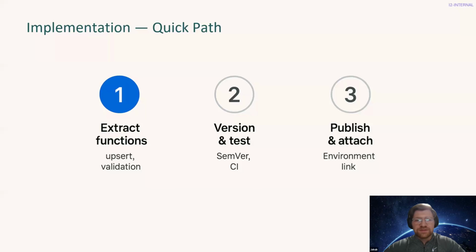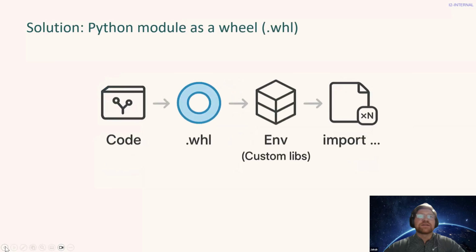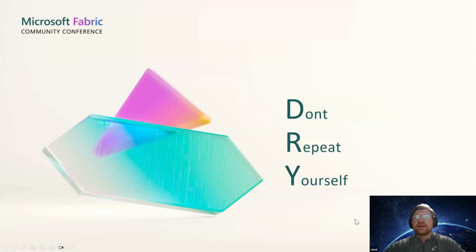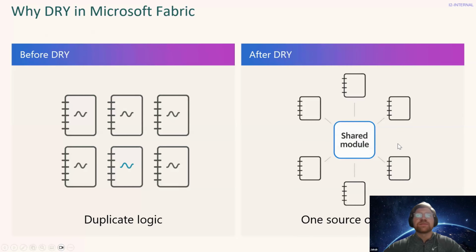Build the wheel and publish it to your Fabric environment. And I also attached a link, and I will share it with you in the chat later, which briefly describes it.